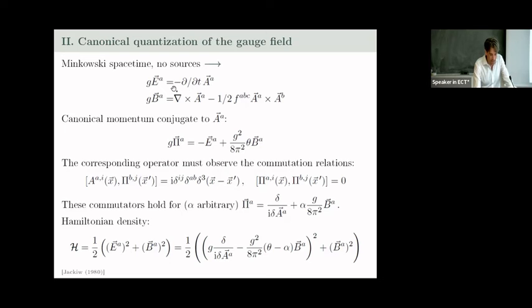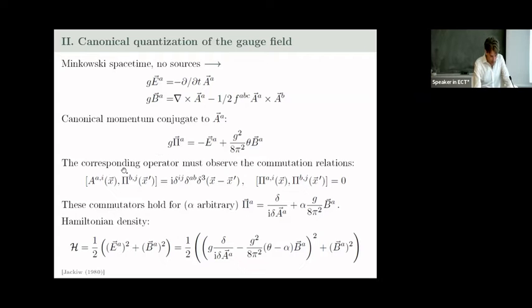So basically, we take the canonical momentum of a field A, and we are all familiar with the fact that the canonical momentum is just the electric field. But if you add a topological term to the action, which is maybe a bit less known, we get a contamination of theta times the magnetic field in non-abelian theory. Well, of course, in principle you would also have it in QED, but in QED it's immaterial.